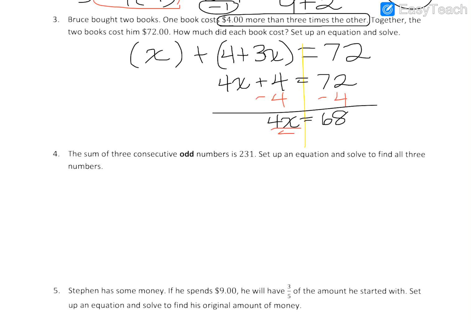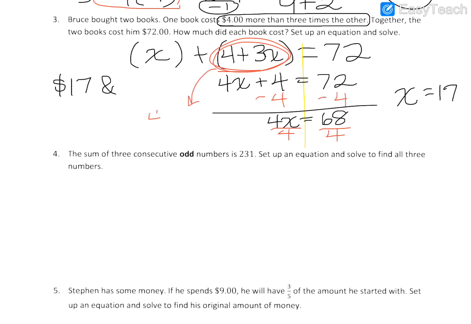Divide by 4, which gives us 17. Okay, so that's X. So the first book was $17. The second book, I need to figure out by using this, okay?